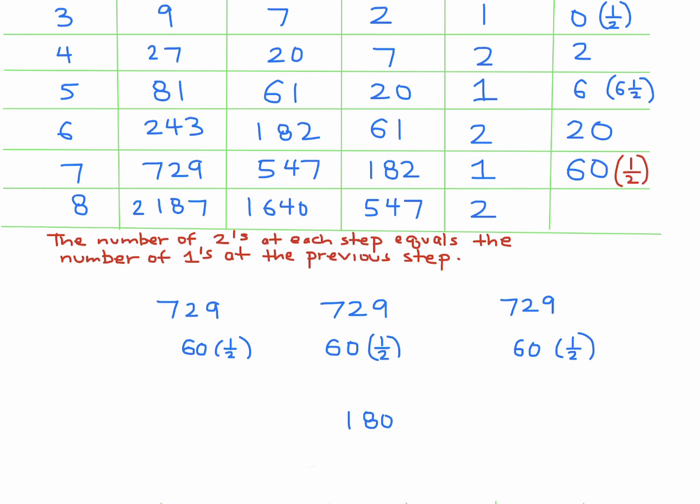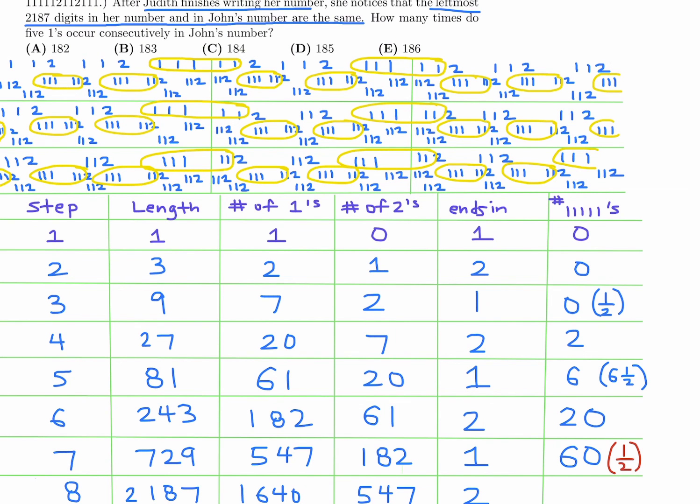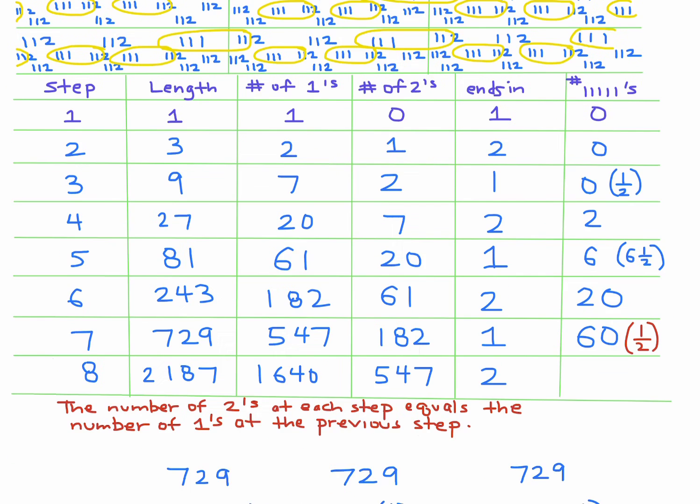But there's these halves. And what does those halves represent? Do you remember? In my diagram, they represent sort of 1, 1, 1 at the very end. And that will join with a 1, 1 at the beginning of the next string to create a 5 consecutive 1 sequence.